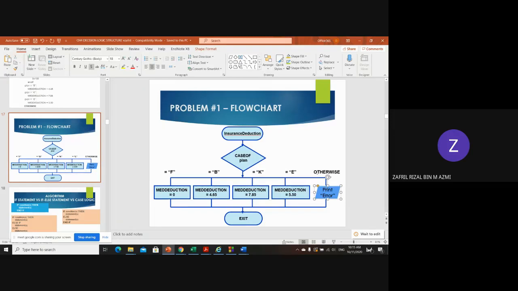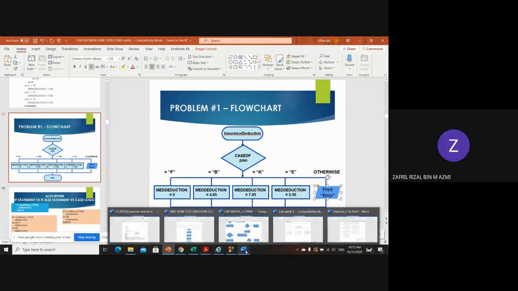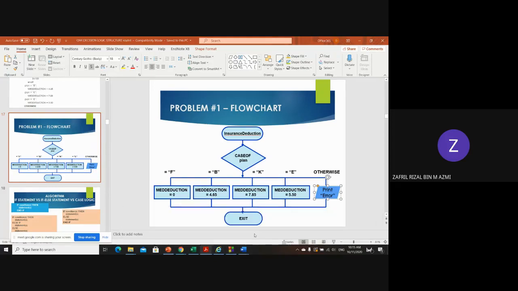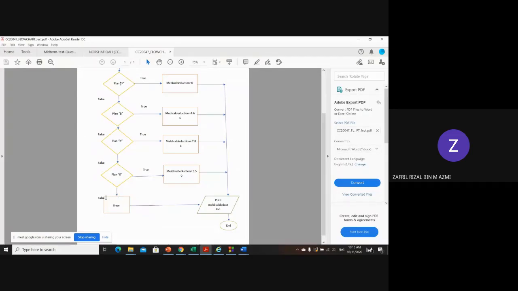This is for the else. You must, for the else, print error. So this is not printing, right? You are supposed to use the print symbol. Print error.